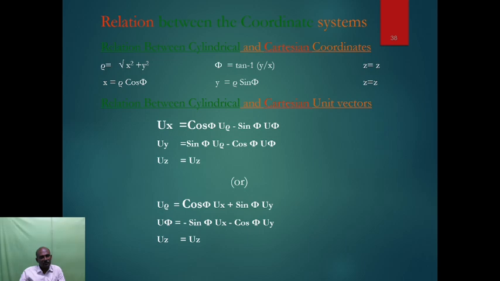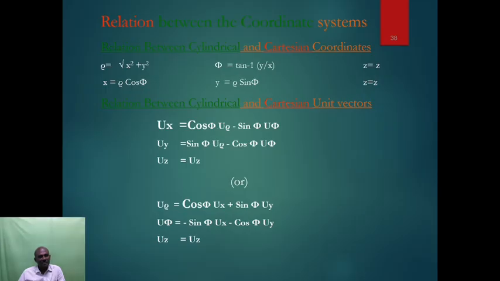Phi, a cylindrical coordinate, is equal to tan inverse of y by x. Then y is equal to rho sin phi. In both cases, z is the same. Using these we can convert cylindrical into rectangular or rectangular into cylindrical.